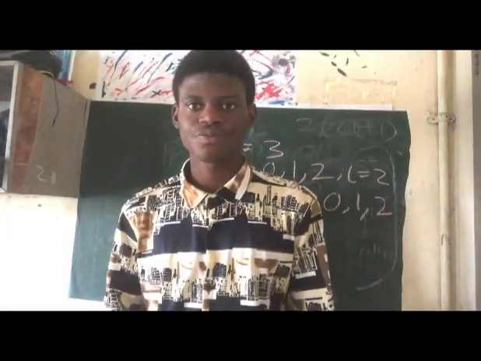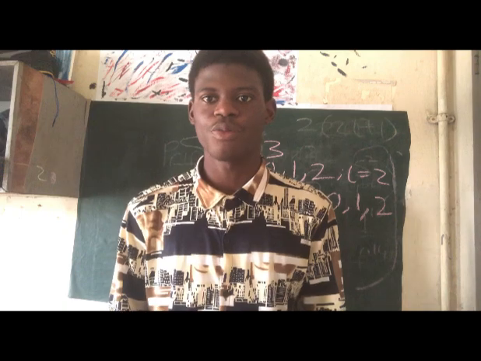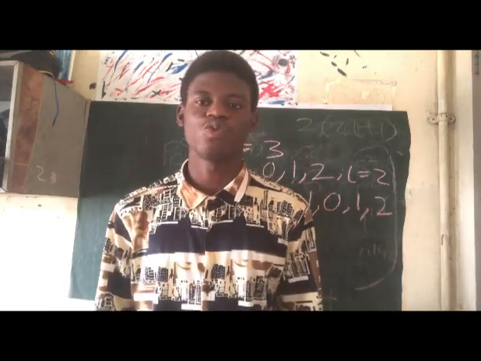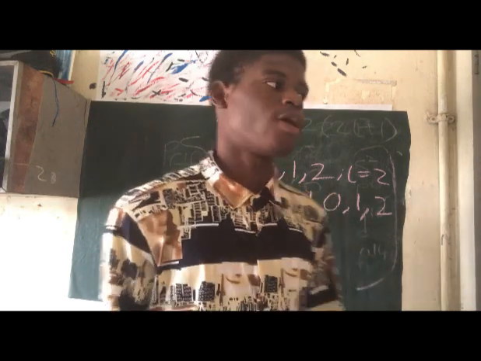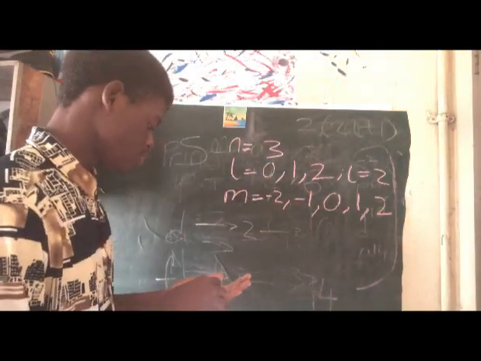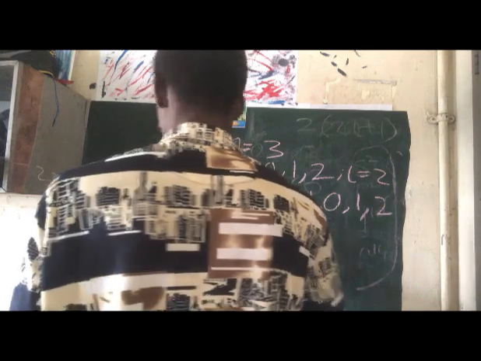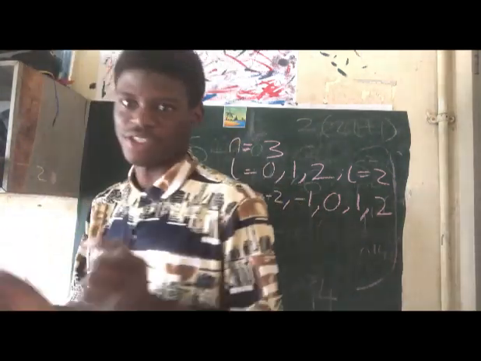We know the azimuthal quantum number describes the shape of the orbitals. The magnetic quantum number just gives the orientation of the orbitals. They differentiate the orbitals.